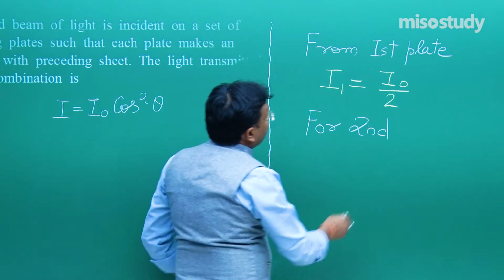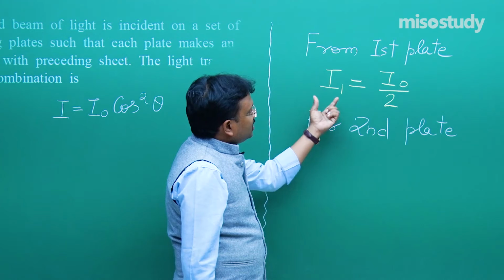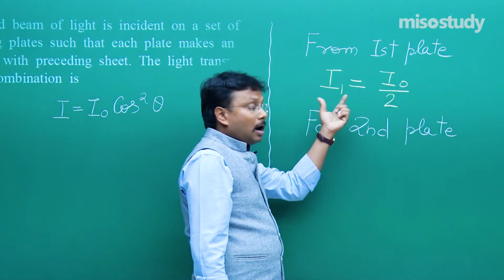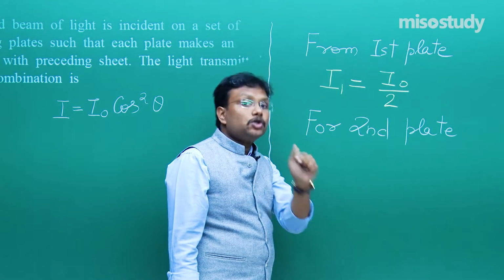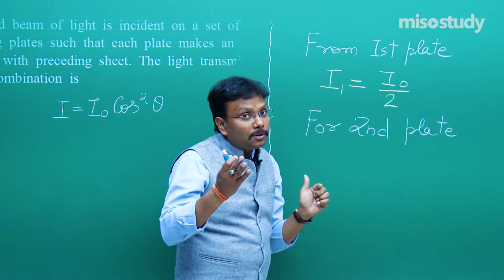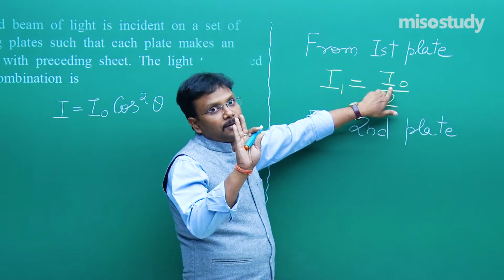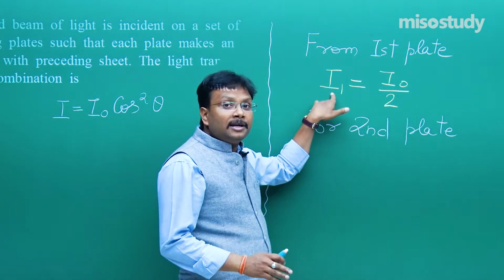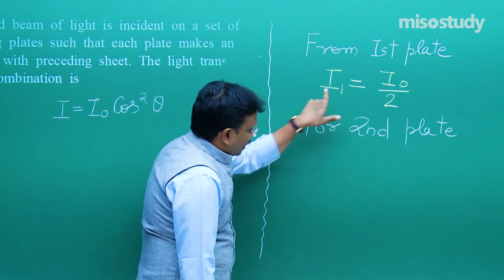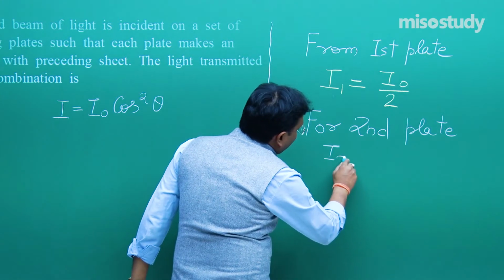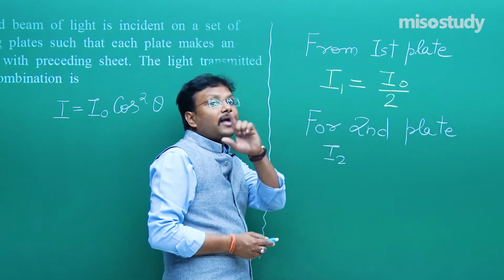Then for the second plate, this I1 light after coming out from the first plate will strike the second plate and then come out. So basically I naught is the original intensity, I1 is the intensity coming out from the first plate, and similarly I2 is the intensity coming out from the second plate.